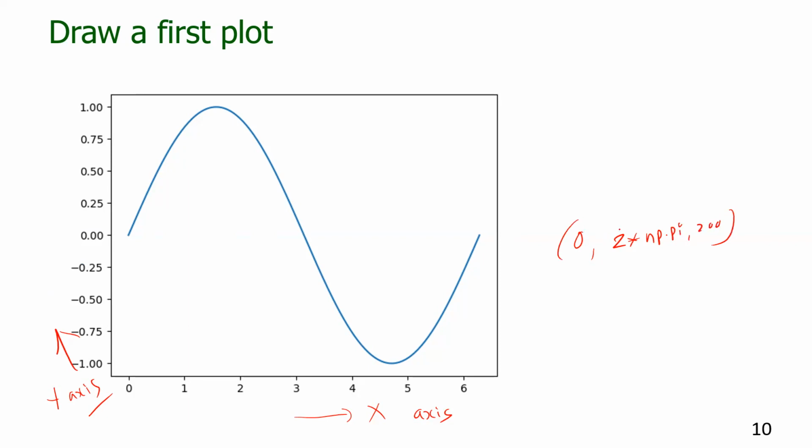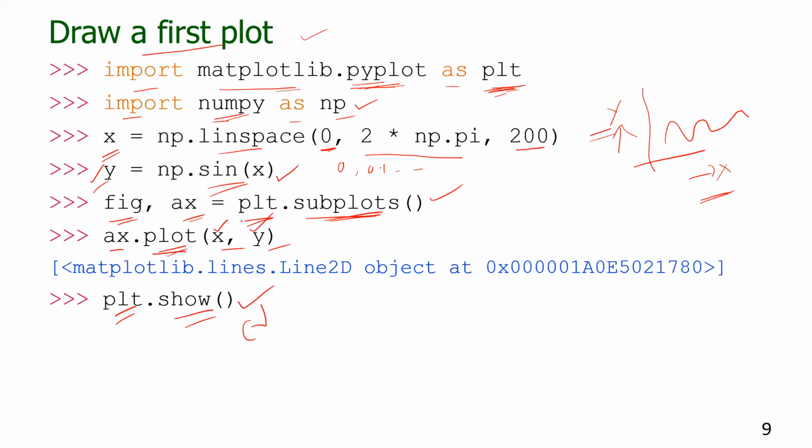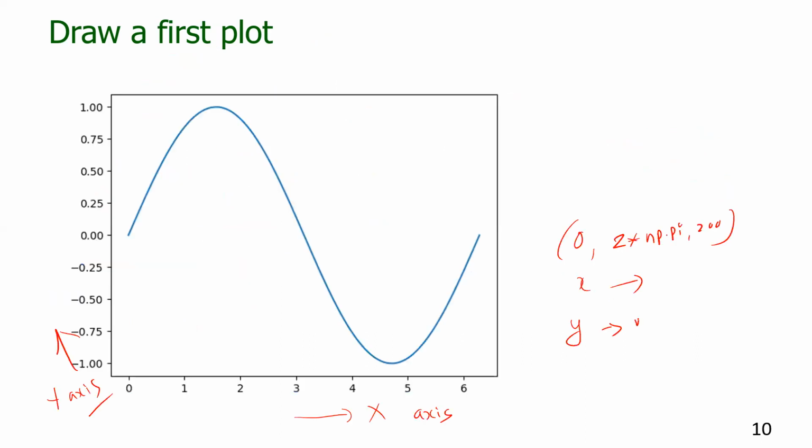This is the range of values we have taken for the x-axis. Then the y-axis we have taken is the sine of x value, np dot sin of x.